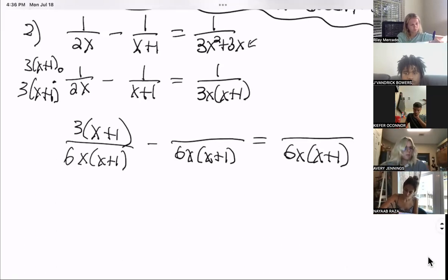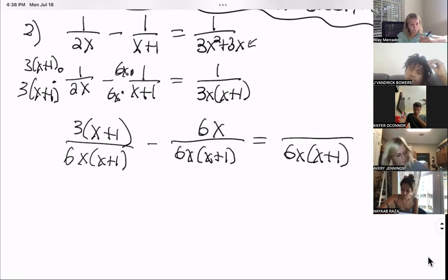The second one, we have x plus 1, so we just need to multiply it by 6x, which means that is 6x. The last one, we have x plus 1, we have an x, we have a 3, we're only missing 2. 3 times 2 to make 6. That would be 2.